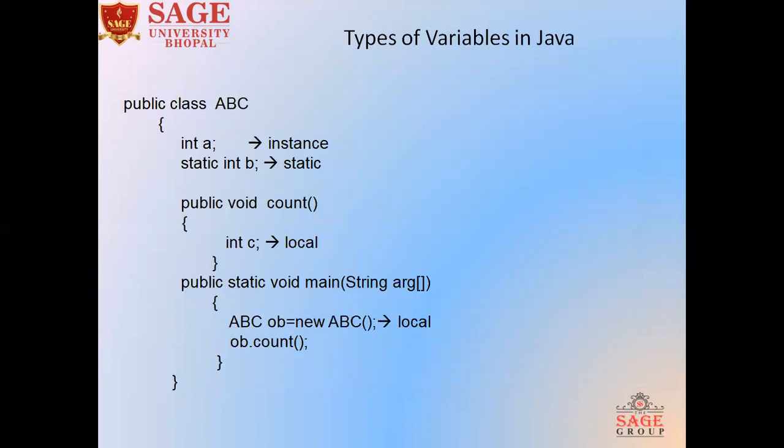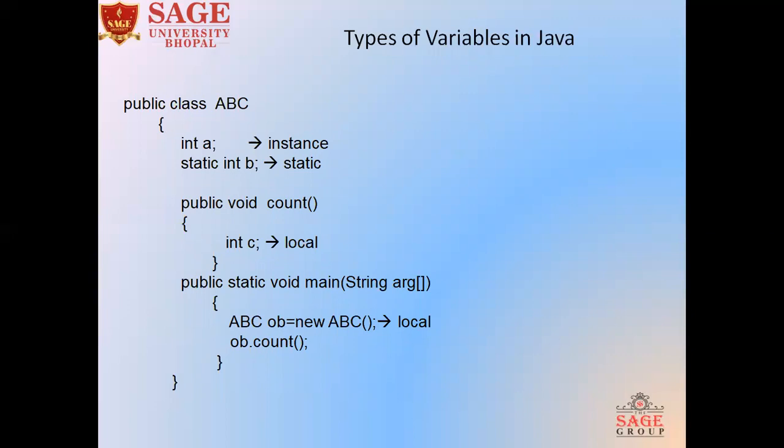Okay, viewers, this is a program. Here we are creating a class ABC. Inside ABC, we are creating two variables, named A and B. A is an instance variable because it is declared inside the class, not inside any method. B is a static variable because it is declared inside the class, not inside the method, and it is preceded with the static keyword.